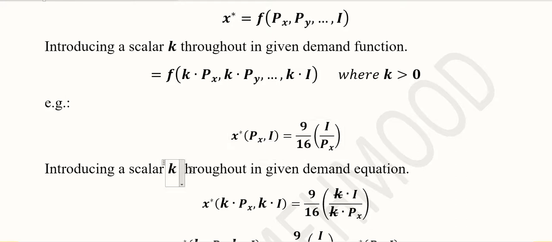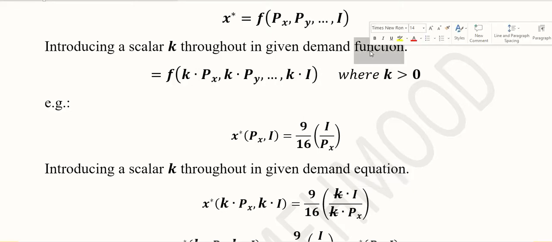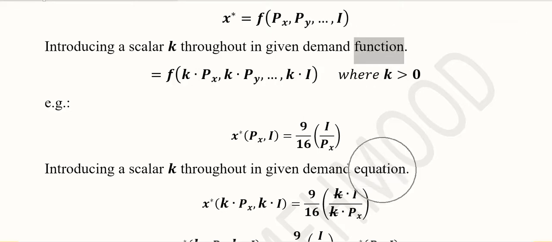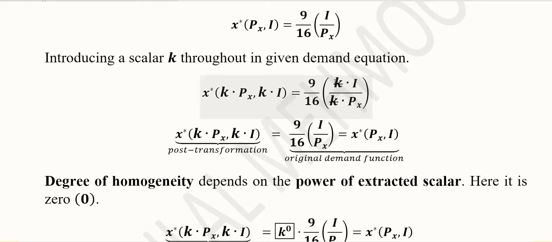Now if we introduce the same thing which we did before in the functional form, we are doing this in this certain equation of demand, and it is k. So k is being introduced this time in an equation instead of the standard form or the function. Now this equation has been introduced with k and with I, that is the variable, the other variable Px.